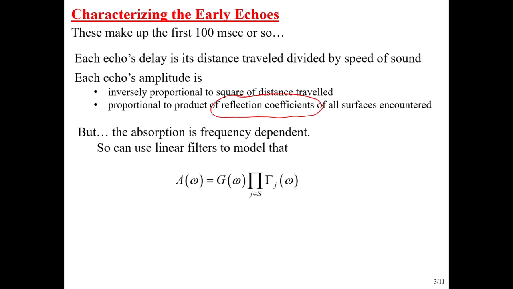In reality, though, these absorption coefficients are not single numbers. They are frequency dependent. And so we might capture that with some sort of frequency dependent effect, a frequency response of the path. This would be the frequency response of one particular echo, from source to listener. Each of the echoes that makes up the early echo section of the response would have one of these transfer functions.